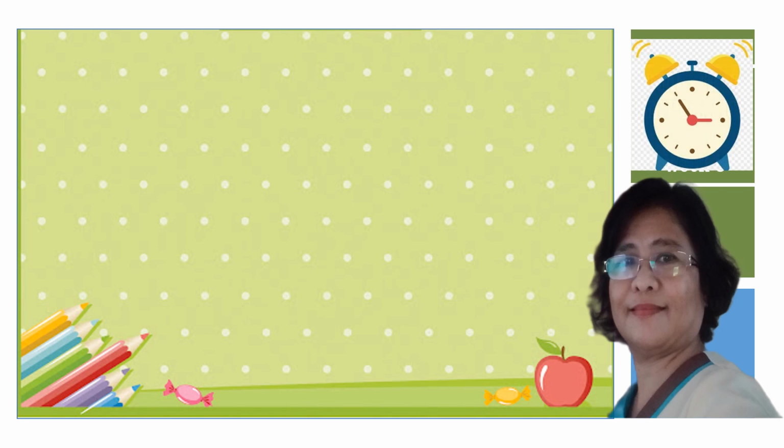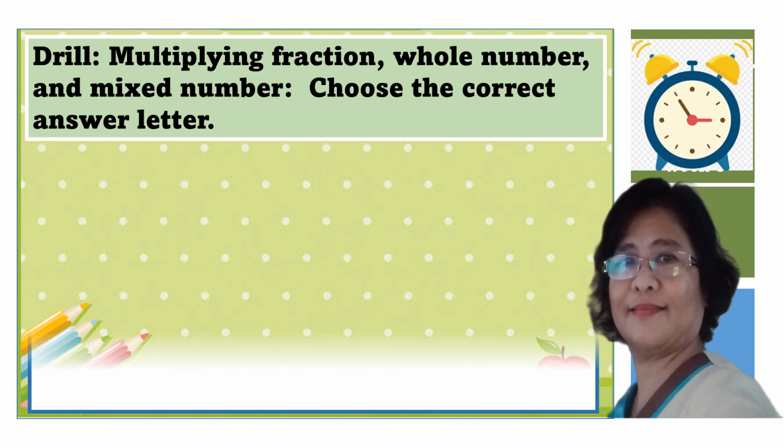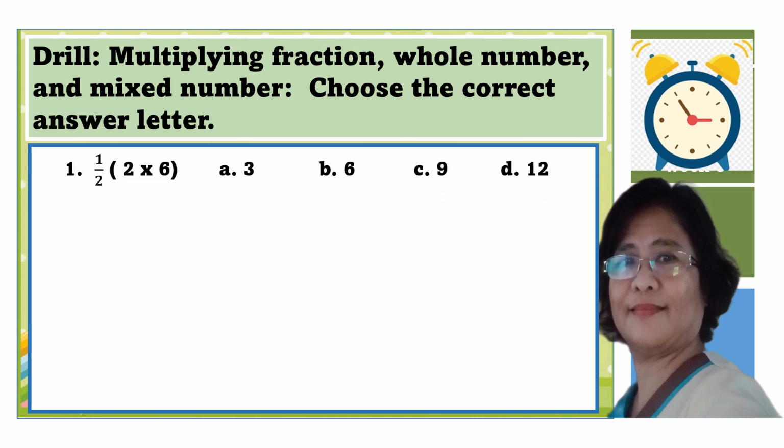To begin with, let us have a drill on multiplying fractions, whole numbers, and mixed numbers. We're going to choose the letter of the correct answer. Are you ready? Number 1. Number 2.